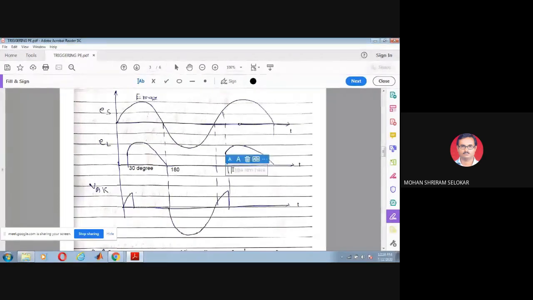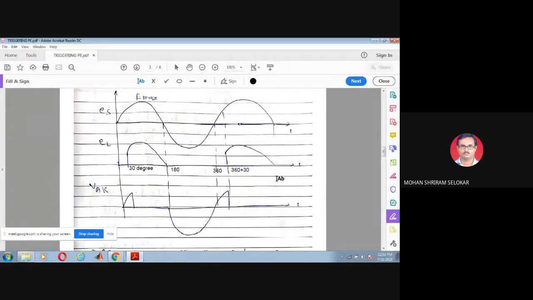So this is the point of 360 plus 30 degree, or 360 plus alpha. This point is 360. Is it clear? Again it's turned on at 360 plus alpha. Alpha is the triggering angle. Are you agree with this? Hello students.